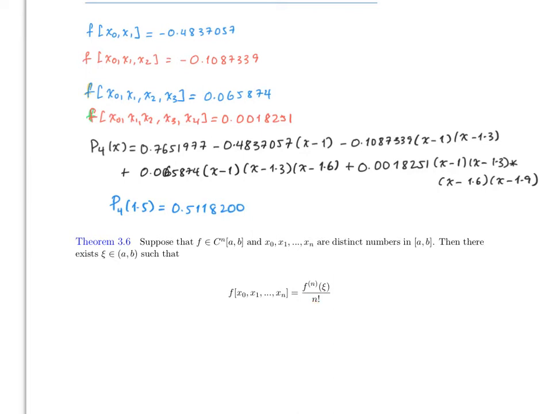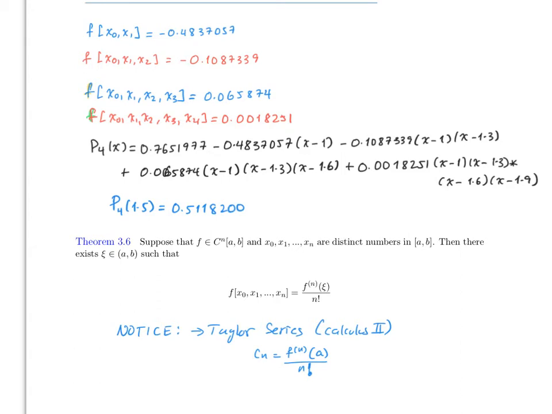And notice the similarity with Taylor series from calculus 2, where the coefficients cn were defined to be the n-th derivative evaluated at some point a over n factorial. So notice how they are essentially the same thing.